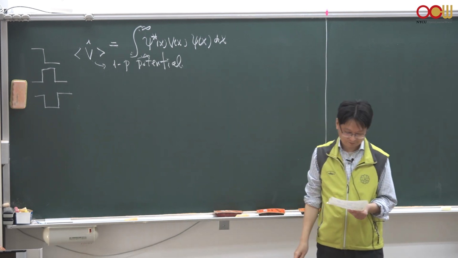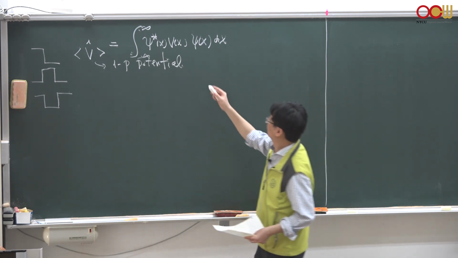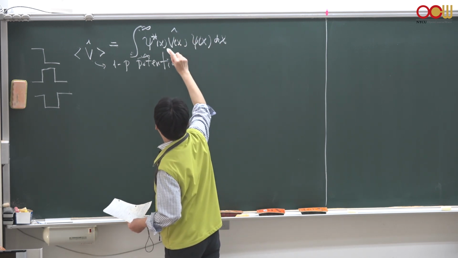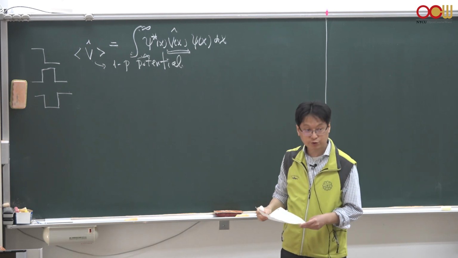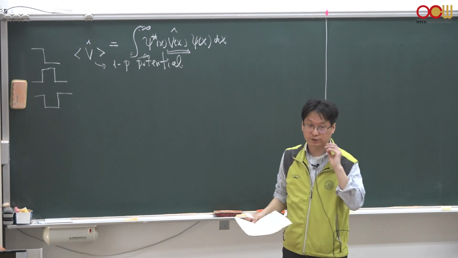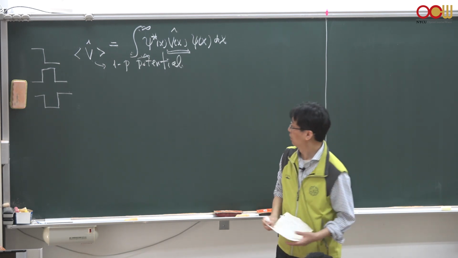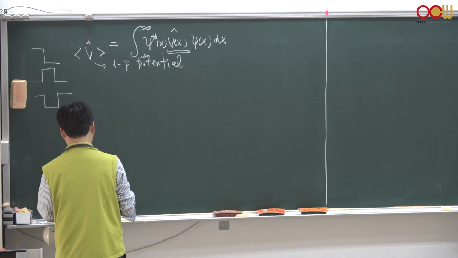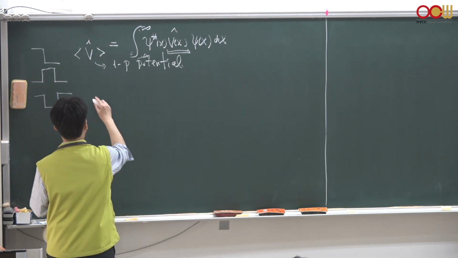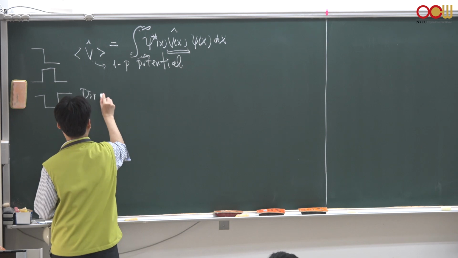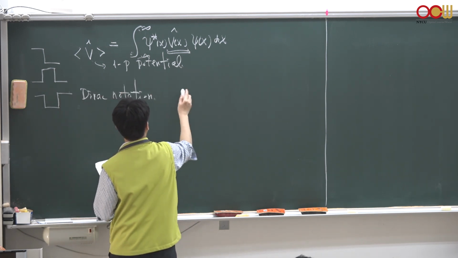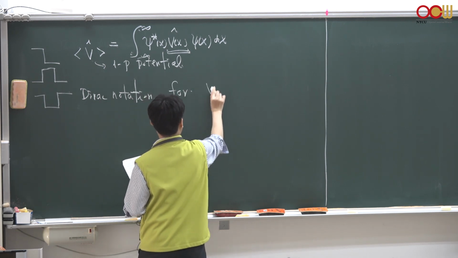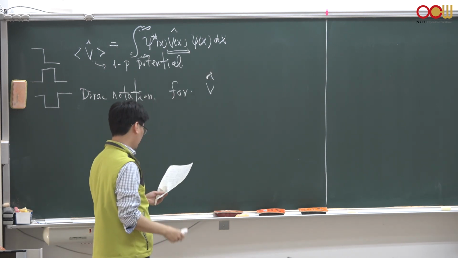Okay? But now we should rewrite this type of expectation value in Schrödinger picture in terms of the Dirac notation. So that's where all the magic comes about, because we could use the Dirac notation to represent this V wearing a hat.